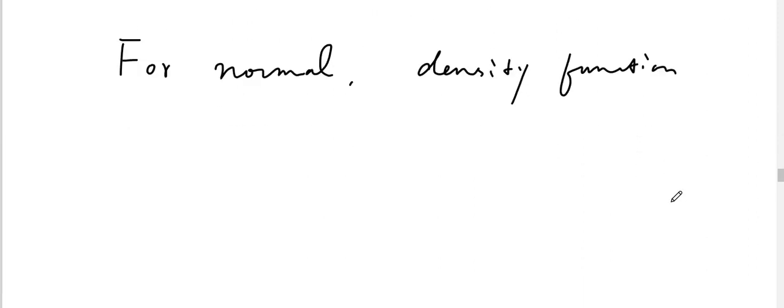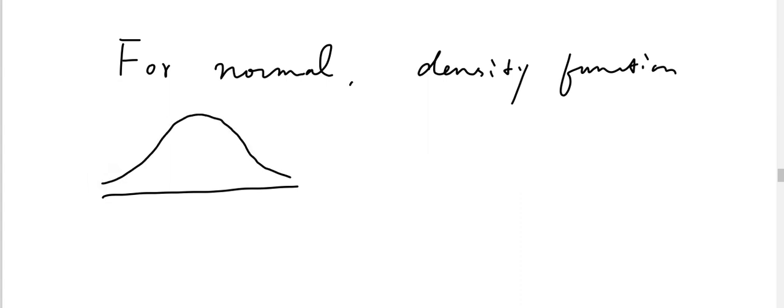For a normal distribution, we know the graph looks like that: from the center, both sides go down. In mathematics, what kind of function gives this graph? Suppose here is 0.